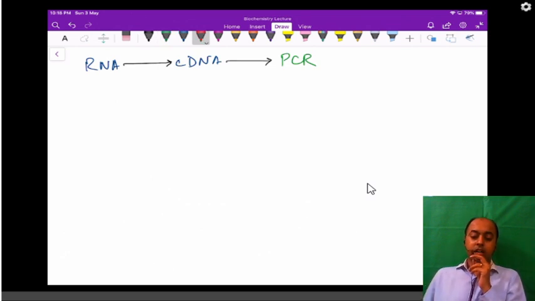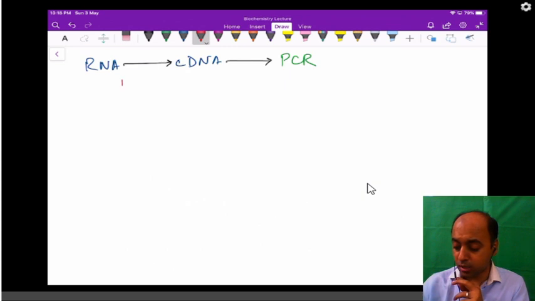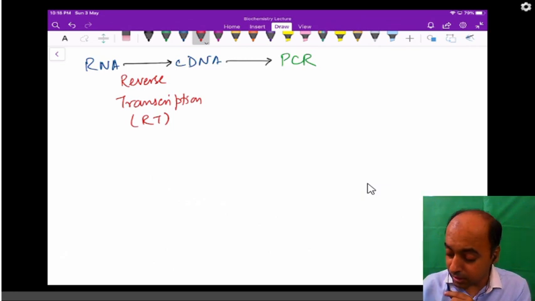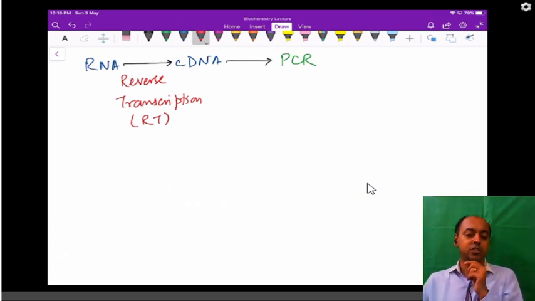The conversion of RNA to cDNA is known as reverse transcription, commonly written as RT. And this, as you can see, is followed by PCR.